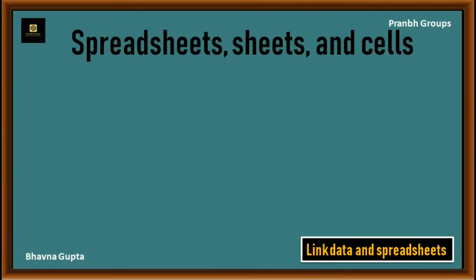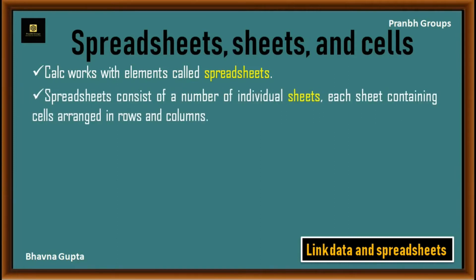Second topic: what is the difference between a spreadsheet, sheets and cells? Calc works with an element called a spreadsheet. A spreadsheet consists of a number of individual sheets, each sheet containing cells arranged in rows and columns.